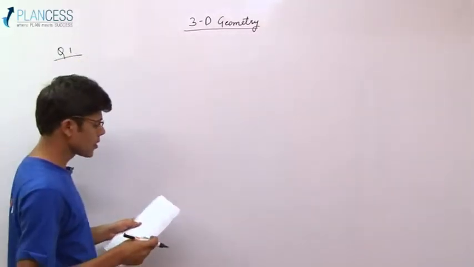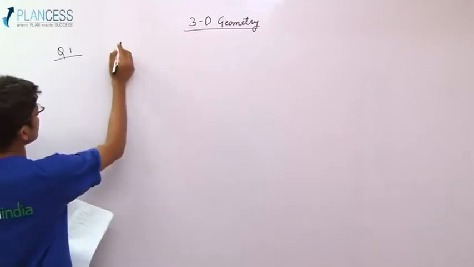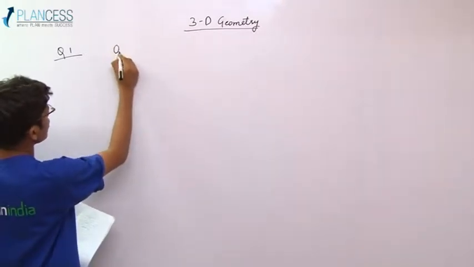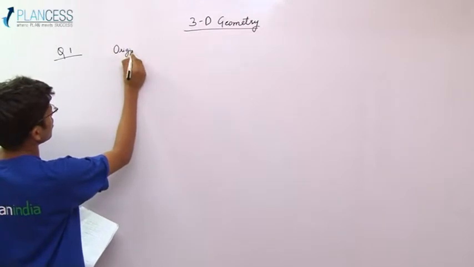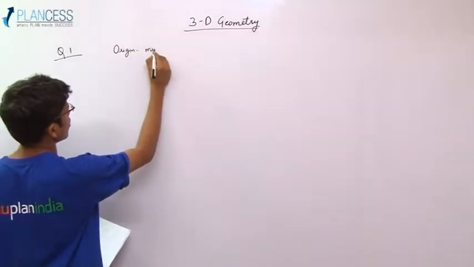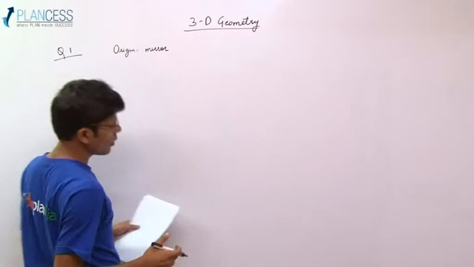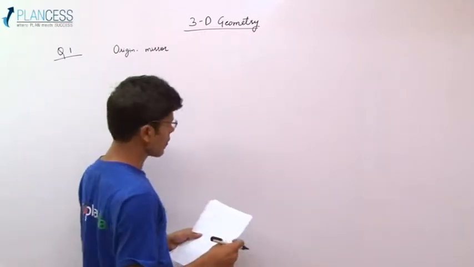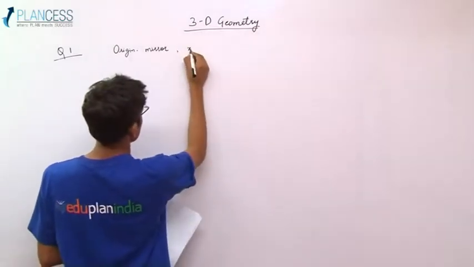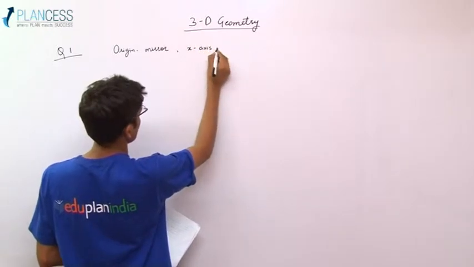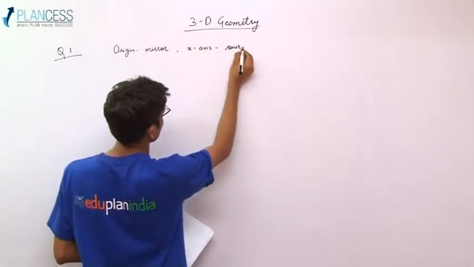Okay, so the first problem is that at the origin there is a mirror and there is a source of light somewhere along the x-axis.